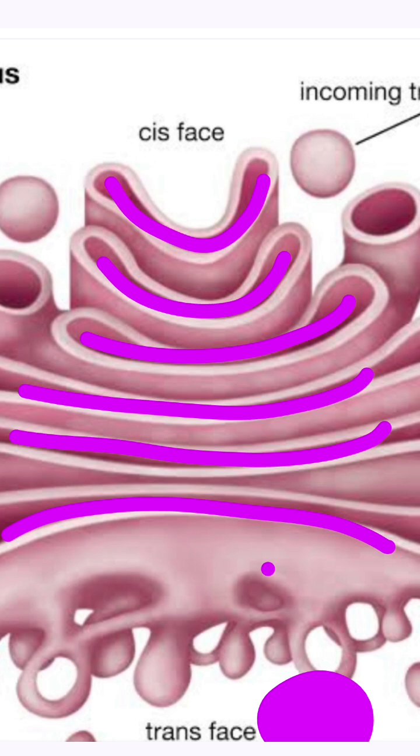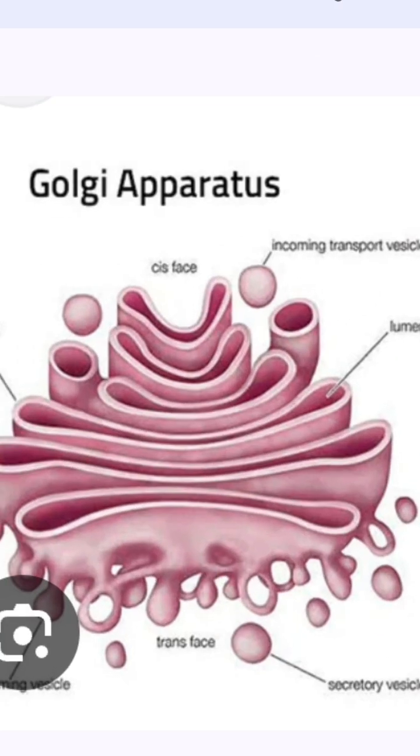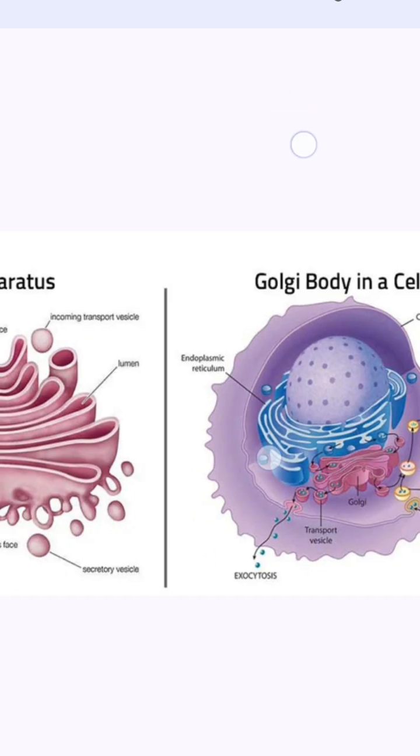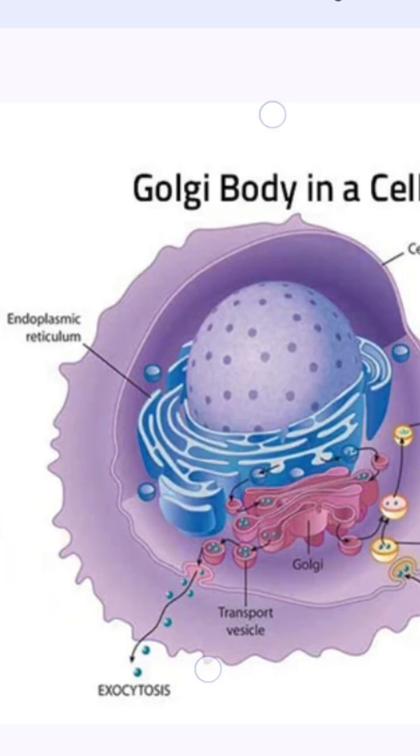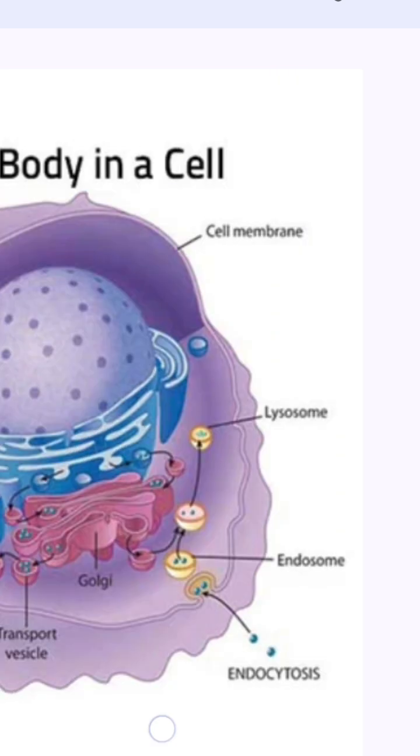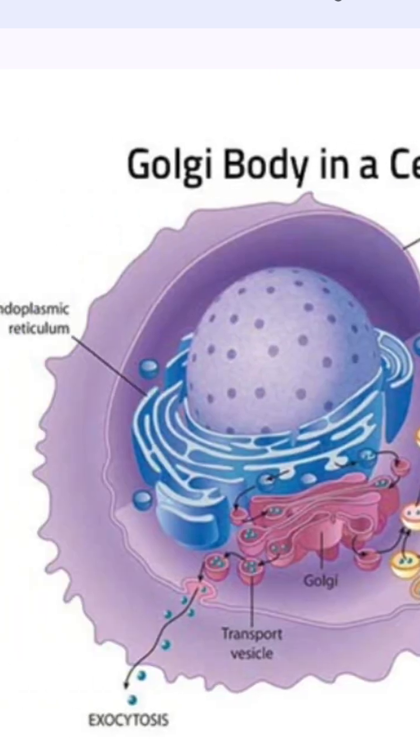In the cis phase, the vesicles come from the endoplasmic reticulum, and on the maturing phase or the trans phase of the apparatus, they are then dispatched to the intracellular and extracellular targets. As you can see over here, the intracellular targets are lysosomes, and extracellular targets are transported by exocytosis.